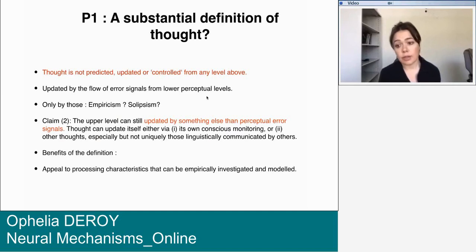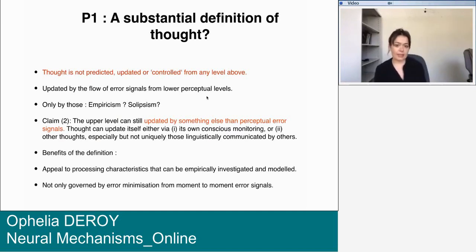And in the case of human thought, as I said, the reflective updating and the horizontal updating might be specifically characteristic of thought. Because it appeals to processing characteristics and ways of updating, I also think this is something which promises to be amenable to empirical investigation, and something that you can actually model quite well. So those are the kinds of views I'm interested in, and I expect people in the neural mechanisms are interested in as well.